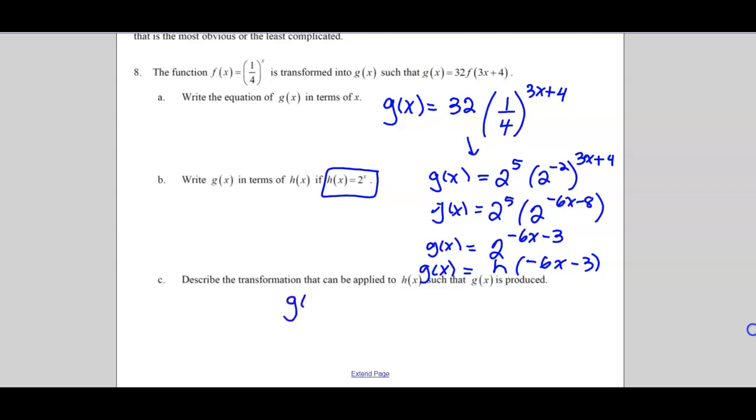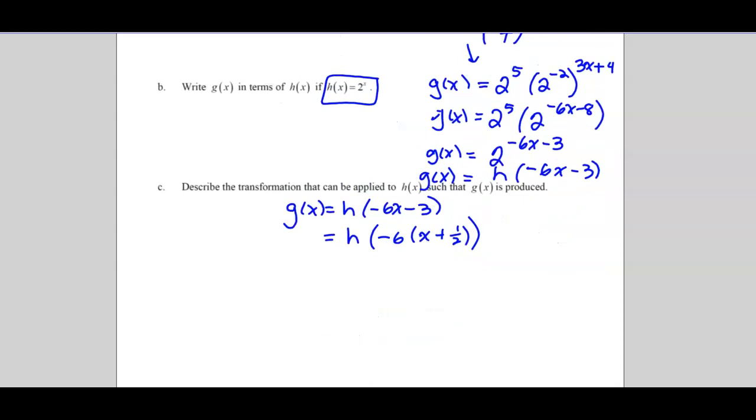So from here, remember in transformations, we like to have the coefficient of x in the brackets being 1, so I need to factor out negative 6, which actually makes that 1/2. Okay.